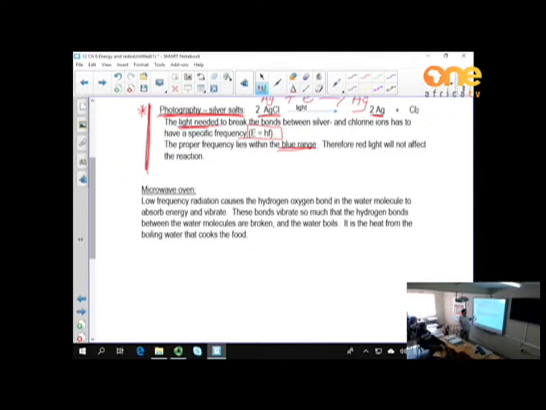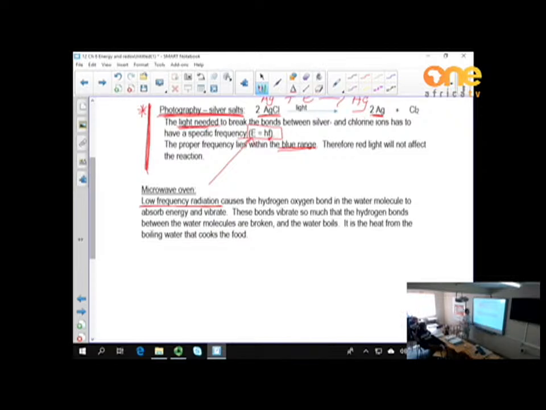Now we use microwaves in a microwave oven, and we use them for telecommunications. But now specifically in a microwave oven, when we use it to cook food, what happens? It is this low frequency radiation. Why do we refer to it as low frequency? Well, the frequency is directly proportional to the energy. So it's fairly low energy waves.